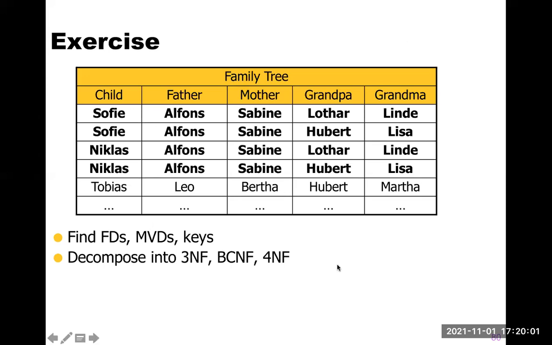And yes, you may try this to find all the dependencies, multi-value, and we may see that Sophie has a multi-value dependence. She has the same father. So from child to father, we have single value dependencies. To mother, single value dependencies. But to grandfathers, different, with multiple values, and to grandmothers, multiple values.